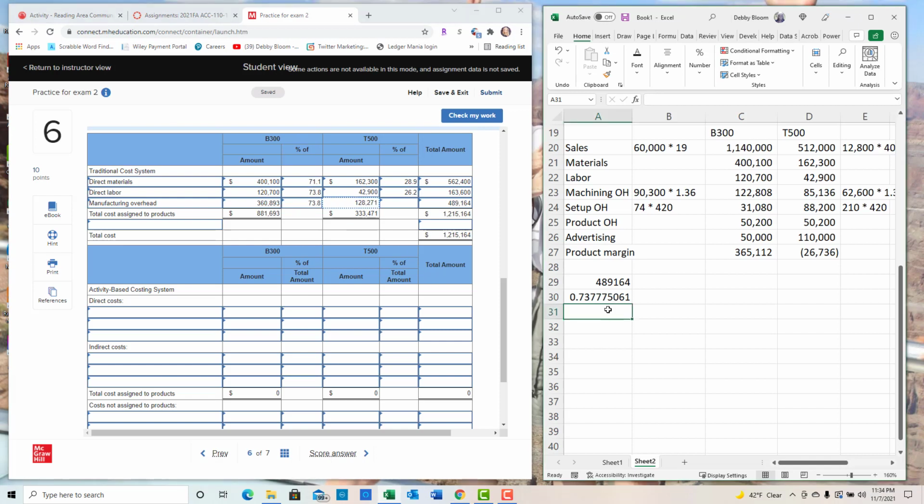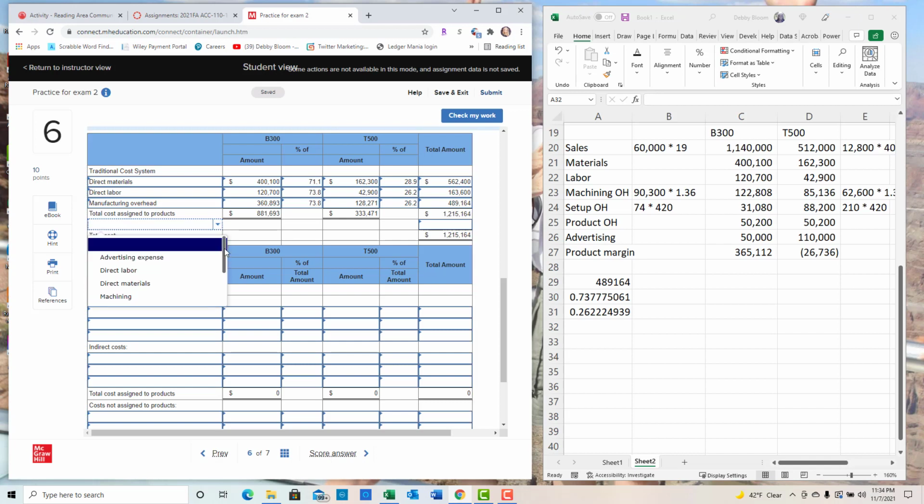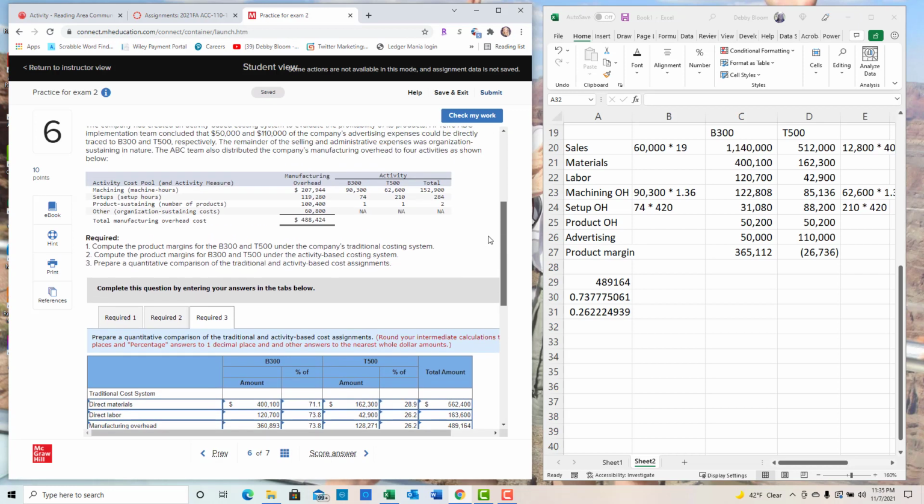And here I'm going to take 128,271 and divide by 489,164, and since they're proportional, I should get the same 26.2%. Now, after the total costs assigned to products under a traditional costing system, I'm just going to subtract my selling and administrative expenses.